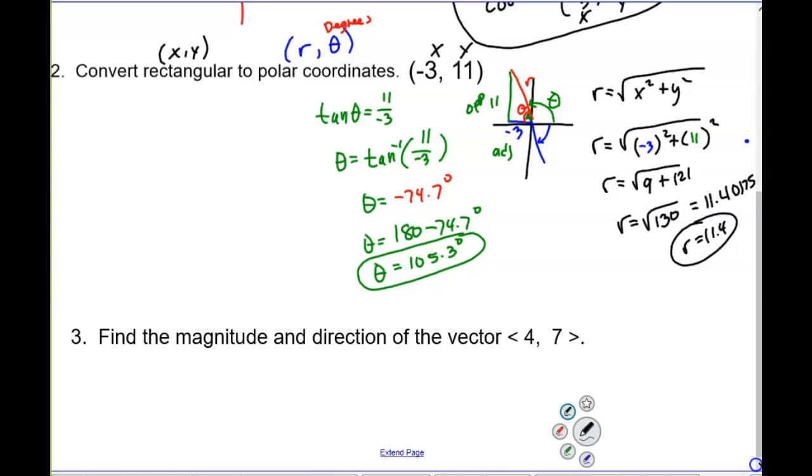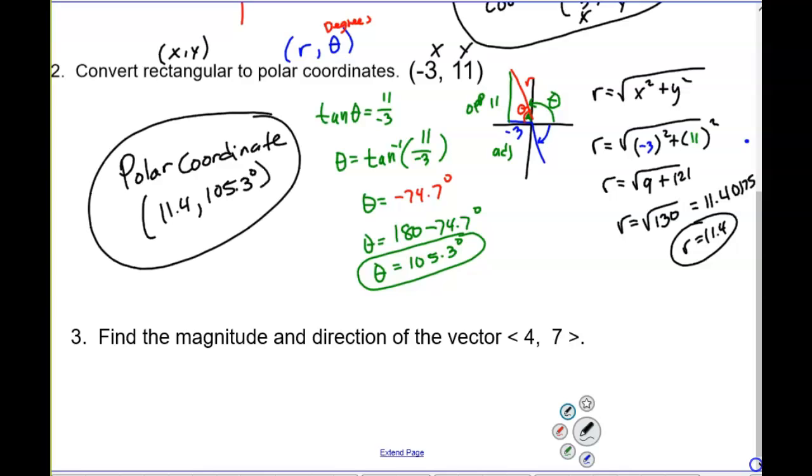And then if you're not confident in your answer, the best part about these answers is when you write your polar coordinates, if you were to actually graph that, you would have to go out 11.4.